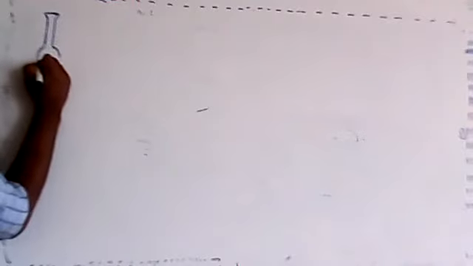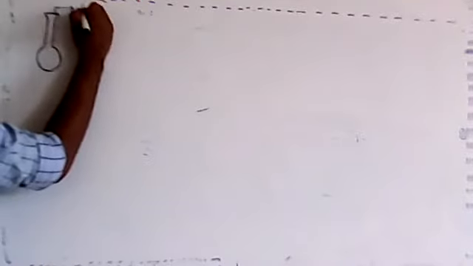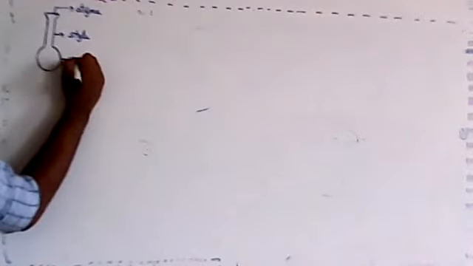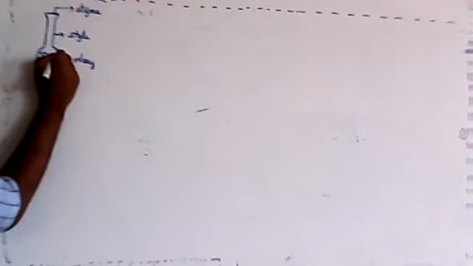This is the female reproductive structure. Next, inside the ovary there are ovules, so ovules will be present inside the ovary.